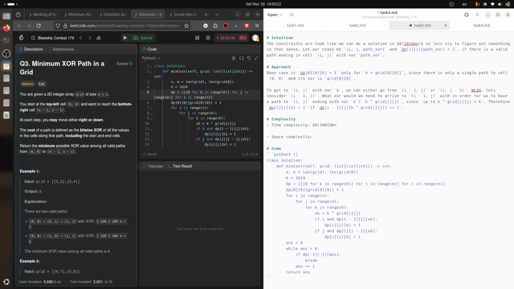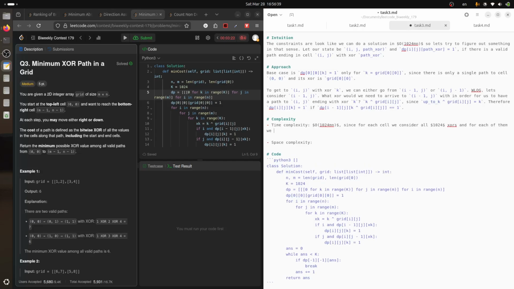Time complexity is O(mn times 1024), since for each cell we consider all 1024 XORs, and for each of them we do O(1) work considering two cases.